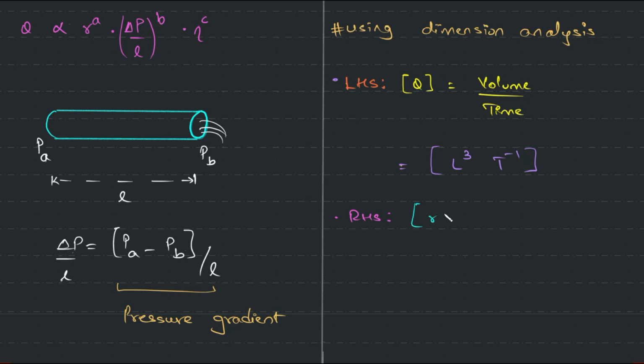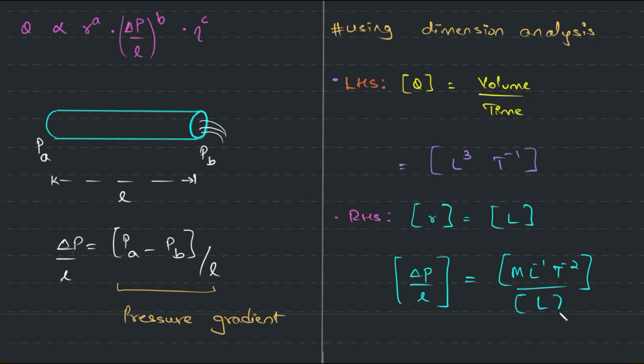So on the RHS, there is r, which has dimension L. Then the dimension of P by l: pressure is force per unit area, and divided by l will be M L to the power minus 2 T to the power minus 2.